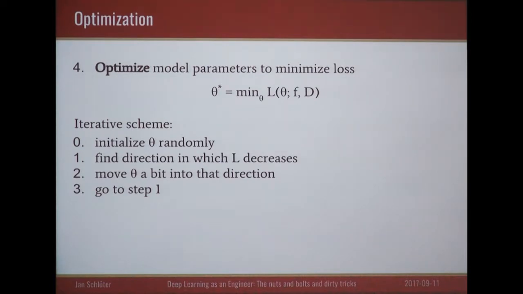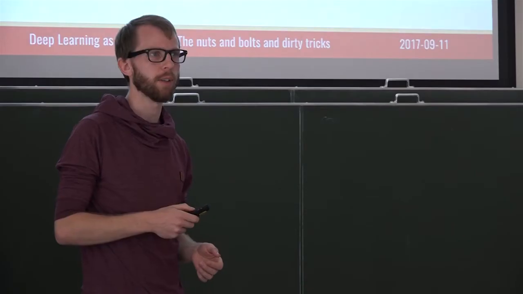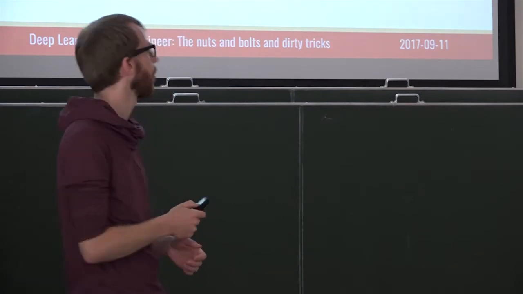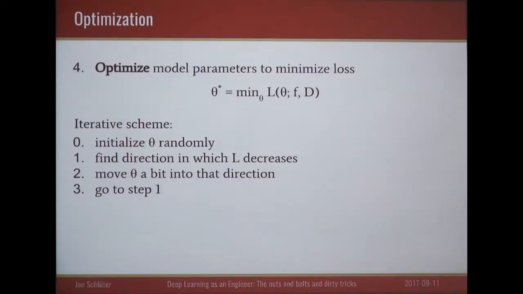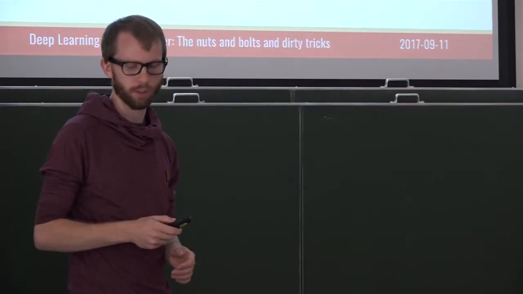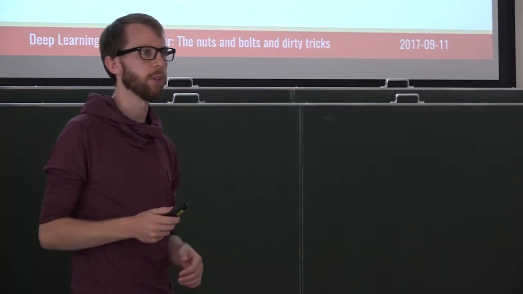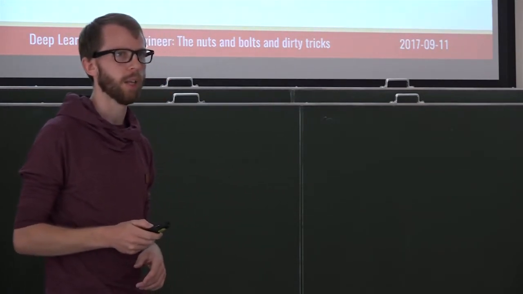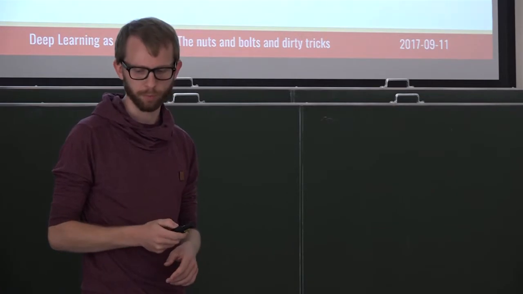So what we can do instead is to employ some iterative and numerical optimization scheme where we initialize the model parameters randomly, then we figure out in which direction the loss decreases, and we move the parameters a little bit in this direction, and then we repeat until we find some minimum.